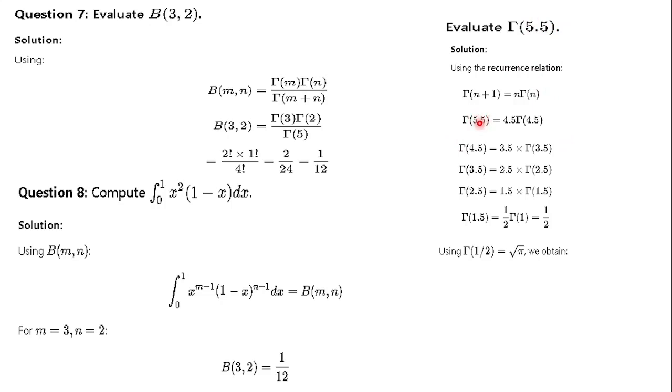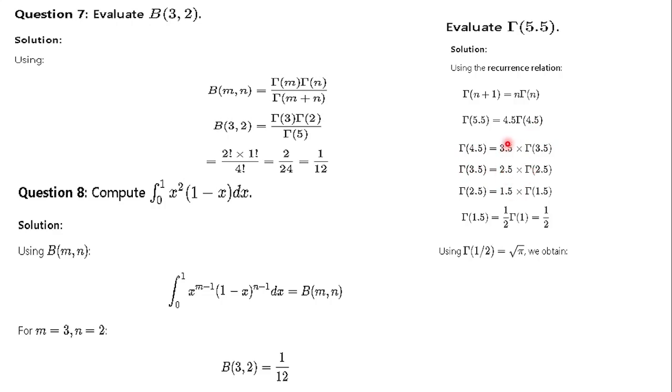For example, this is 0.5. Now you're going to do minus 1. You know why we're doing minus 1, right? Yes, sir. Because this is plus 1. So 0.5 minus 1 gives 4.5, then you put 4.5 here. Then you take 4.5 and get 3.5, and you do the same for 3.5.